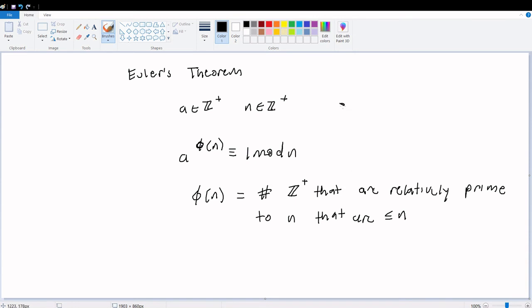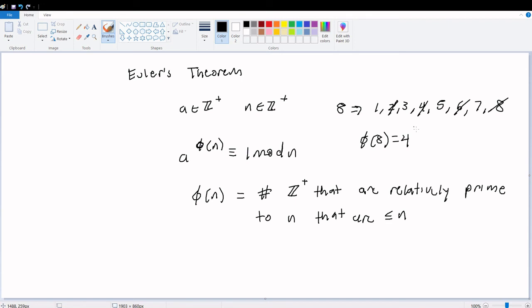For 8, the integers up to it are 1, 2, 3, 4, 5, 6, 7, and 8, and if we count all the numbers that are relatively prime to it, we find that we cancel out all of the multiples of 2, and thus phi of 8 is 4. So how do we calculate phi of n for any n?